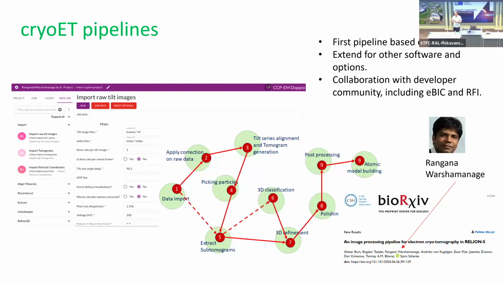Tomography is a bit more difficult. There are a variety of programs, and people tend to chop and change a little bit. So it still needs work to make it a completely general solution. But proof of principle of doing a tomography project through a pipeline is there.